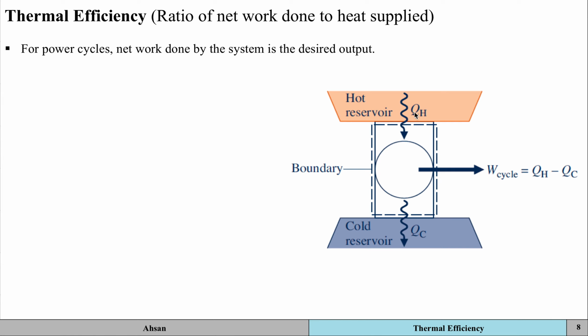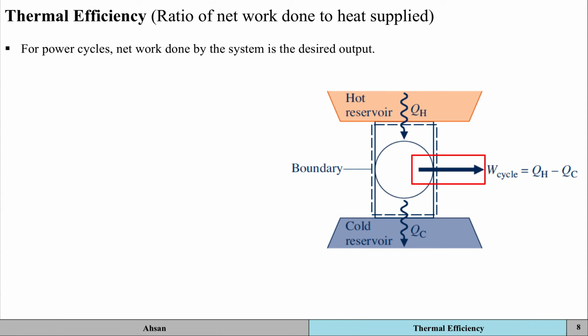So QH is the heat content being transferred into the system, and QC is the heat energy being dissipated by the system. That means that this energy, QC, is not being used by the system. So what does that mean? That QH minus QC is the energy that is being used and converted into the form of work, right?